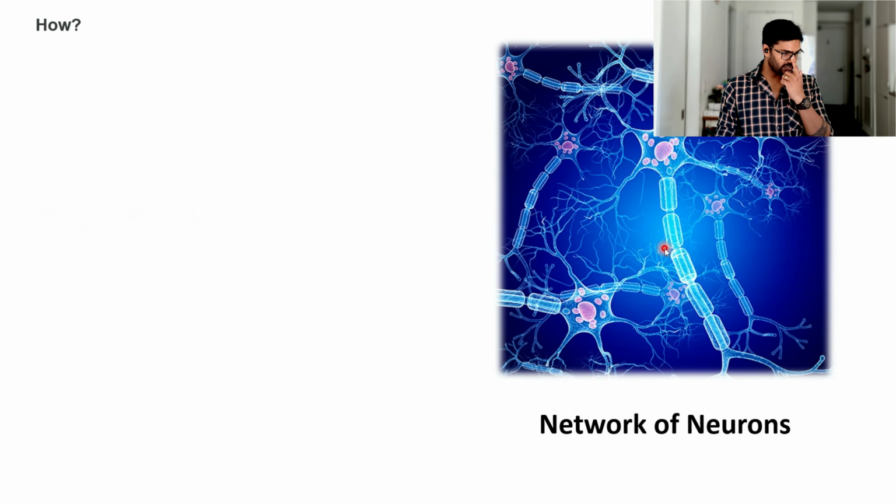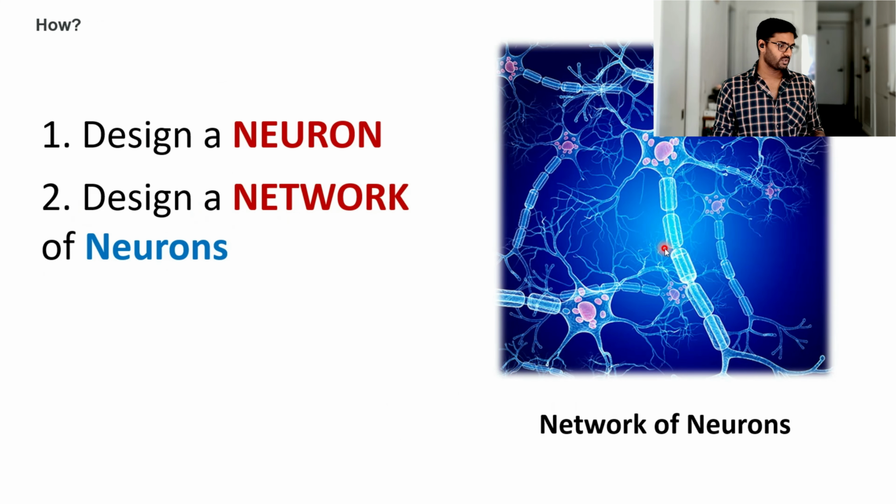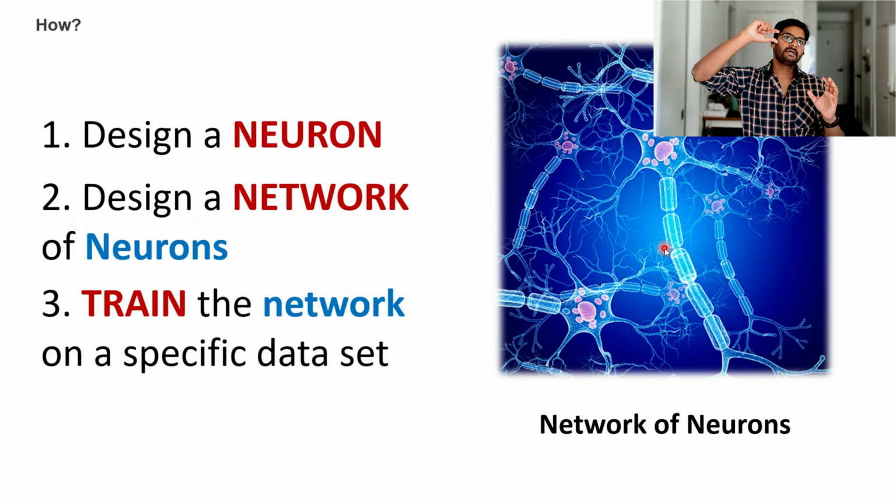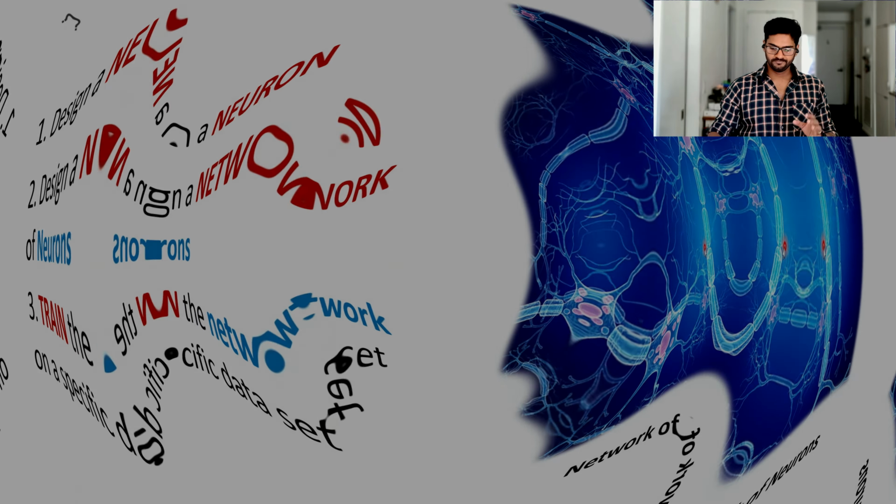How do we do that? We designed a neuron, we designed a network of neurons, and then we trained that network on a specific set of data to get a specific result by using forward propagation and backward propagation, using random weights, an activation function, and a loss function.